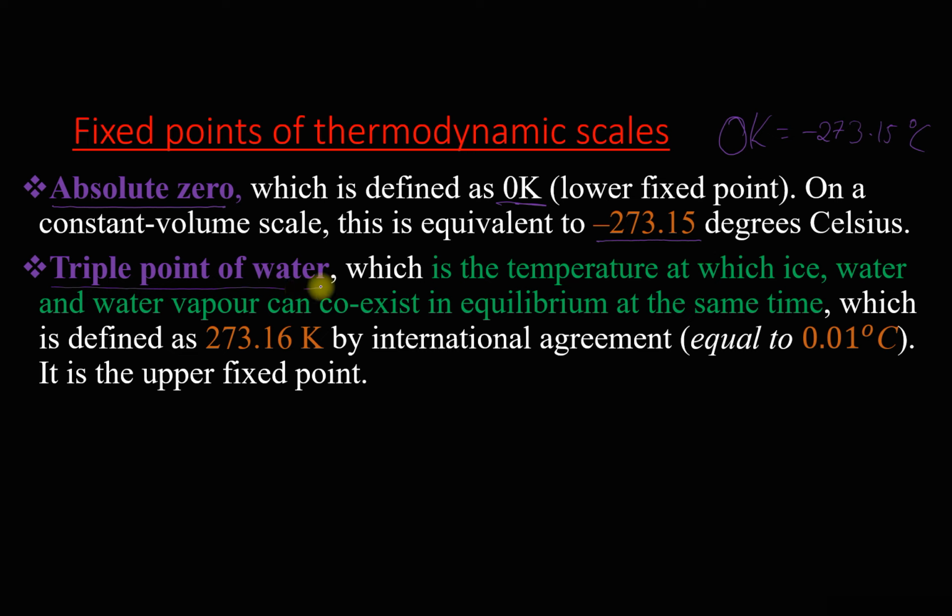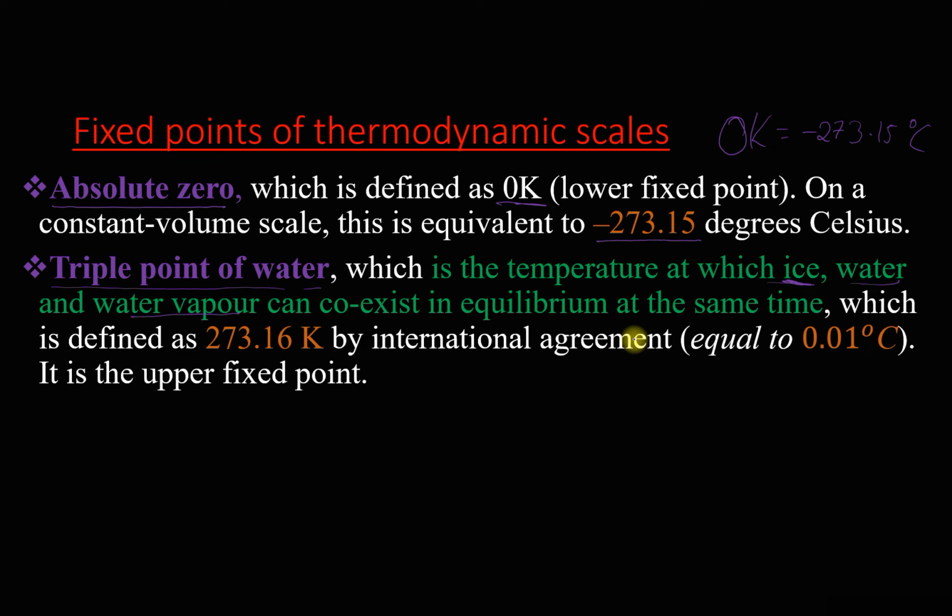The triple point of water is considered to be the temperature at which ice, that is solid water, liquid water, and water vapor can coexist in equilibrium at the same temperature. Imagine water existing as a solid, a liquid, and vapor at the same time. That's what we call the triple point of water. Three states coexisting in equilibrium.